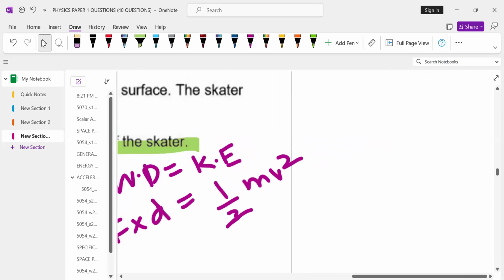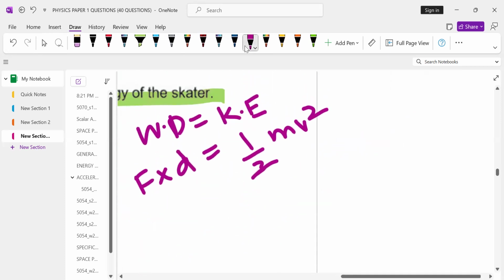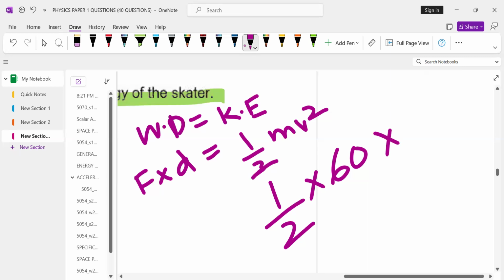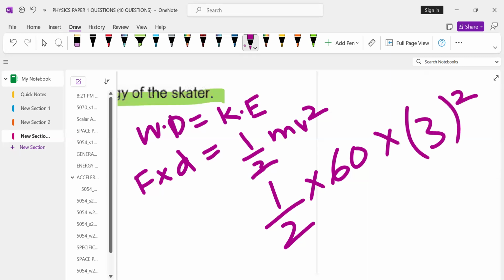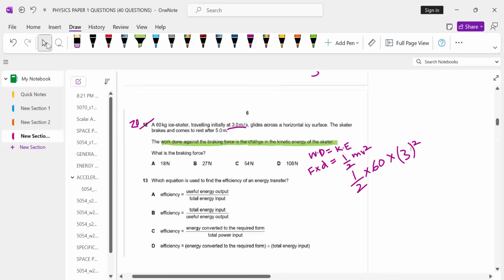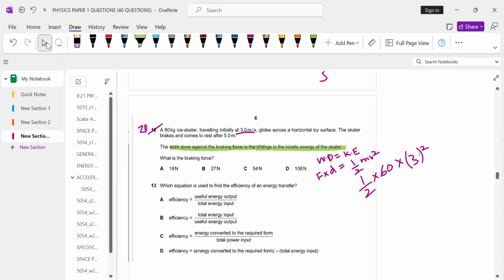So 1 upon 2 into 60 into initial velocity 3 squared. You need to find the braking force, and the distance it came to rest is 5, equals 5 into force.